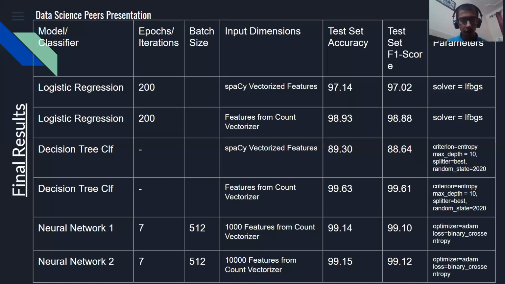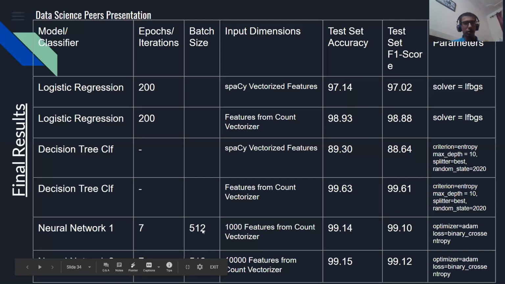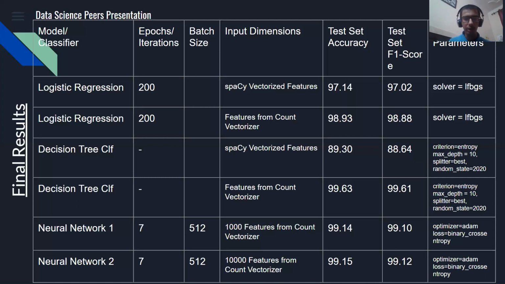Same for the decision tree classifier for both the input features, and for the neural network we had a batch size of 512. With 7 epochs we are getting an accuracy of 99.14%, with optimizer as Adam and loss as binary cross entropy.